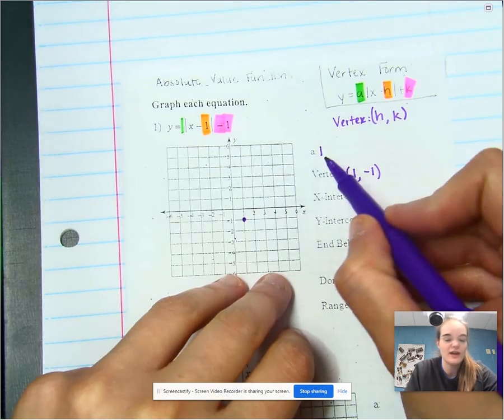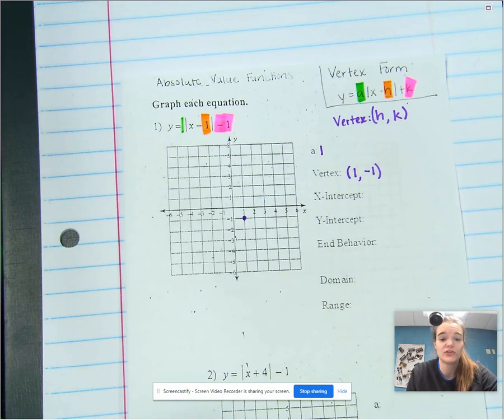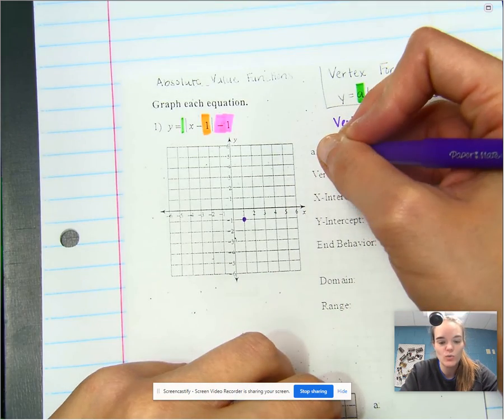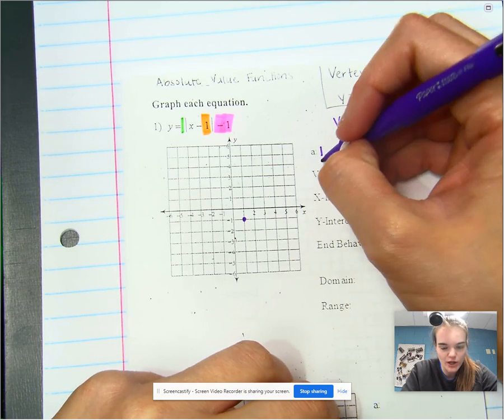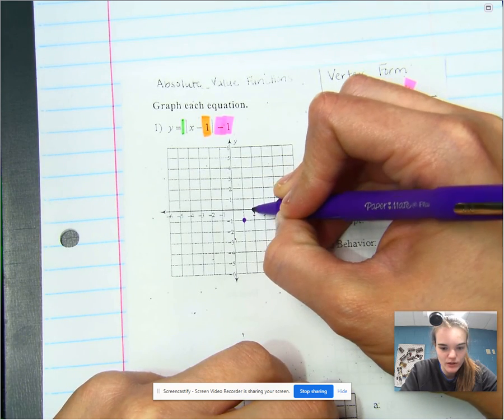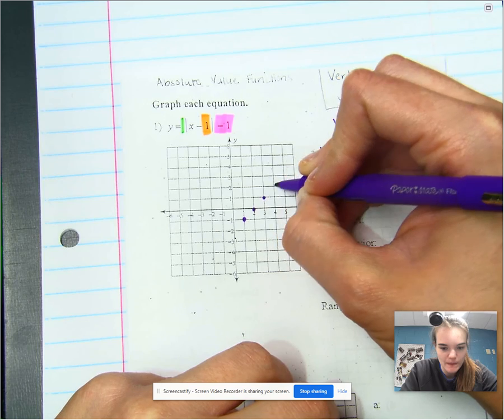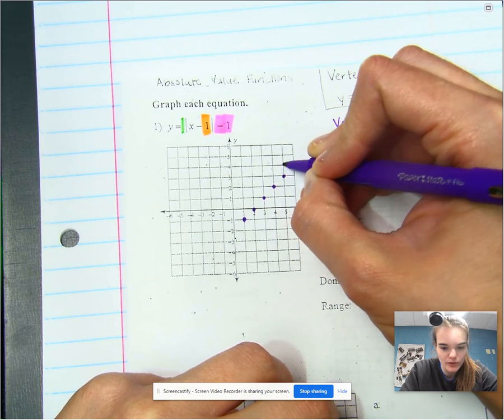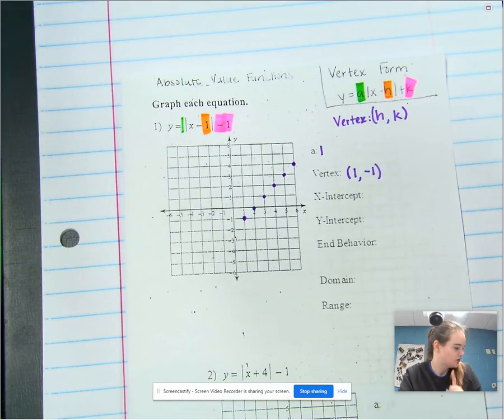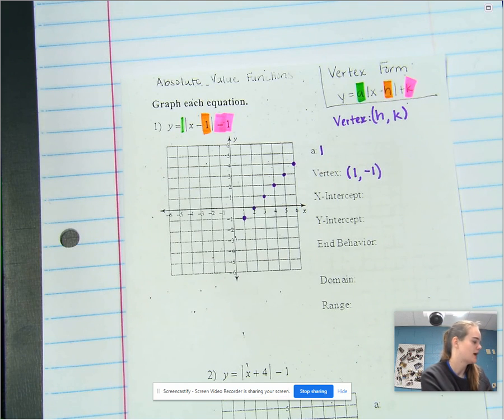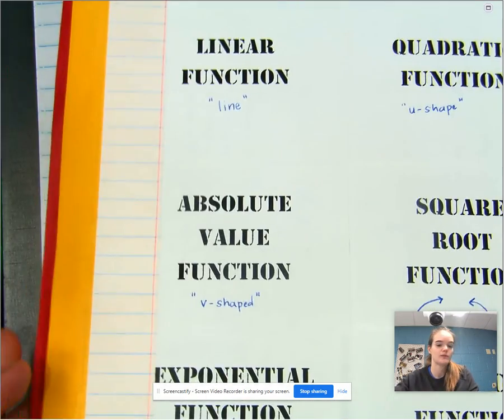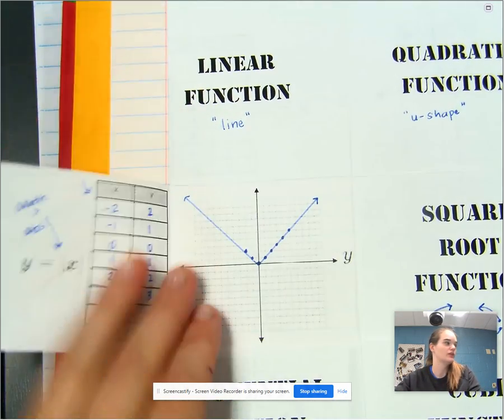and then we're going to use A. A is like slope. So slope 1 means we actually go up 1 over 1. So up 1 over 1, up 1 over 1, until we run out of room. Now, here's what we need to know. I'm flipping back to page 38, where we had the different types. We're talking about absolute value functions today.